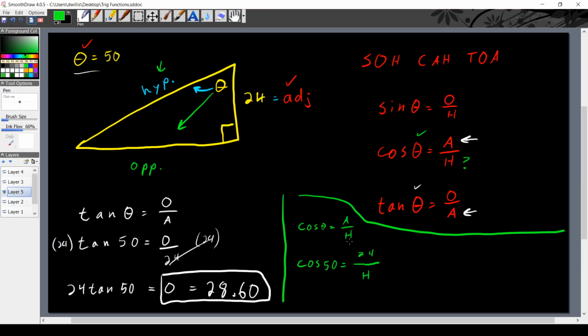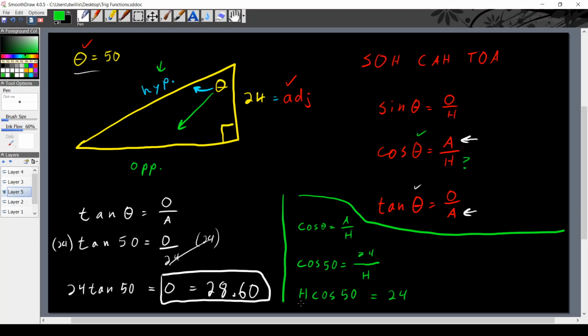Now, in case you're wondering, I could have chosen to move the letters around here before I put the numbers in. Nothing wrong with doing that. Some people prefer that. Others prefer to put the numbers in first. It's just whichever you personally are comfortable with. This time, you'll notice that the h is on the bottom, in the denominator. So we need to get that out from under there. Again, we'll multiply by h on each side, and I'll have h cosine 50 equals 24.